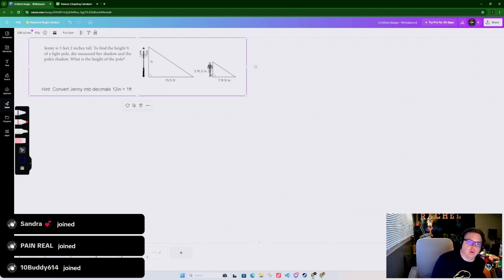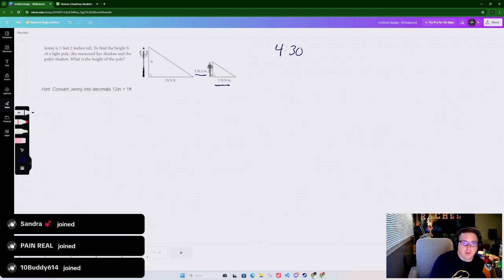So once again, we're looking for this, which is fine. But here is our real issue with this problem. 5 feet 2 inches is not an answer. It's like saying 4:30, and 4:30 is not 4 hours.